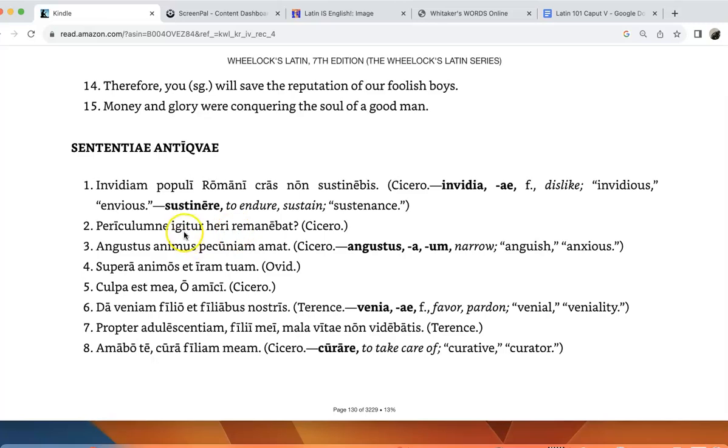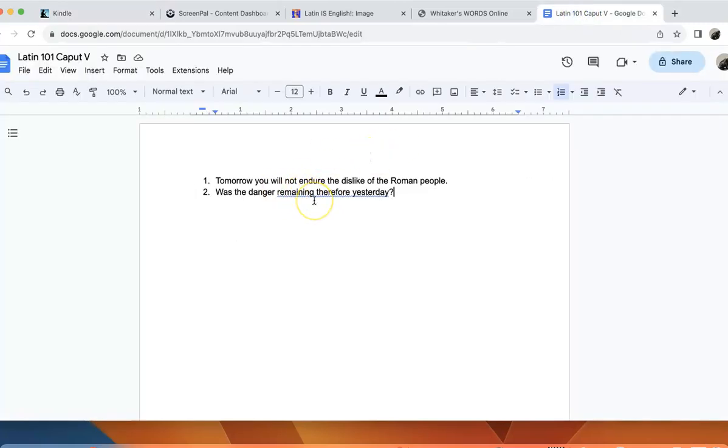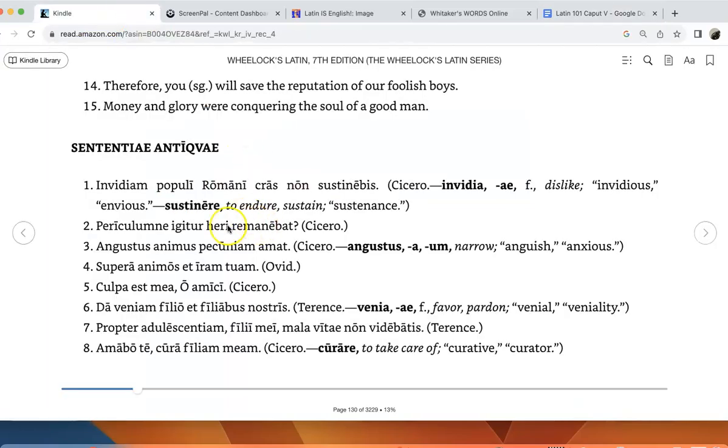And we put it all together, the sentence makes perfect sense, although the Latin sometimes doesn't translate readily into English. So was remaining is remanebant, and then we talked about these other words here.